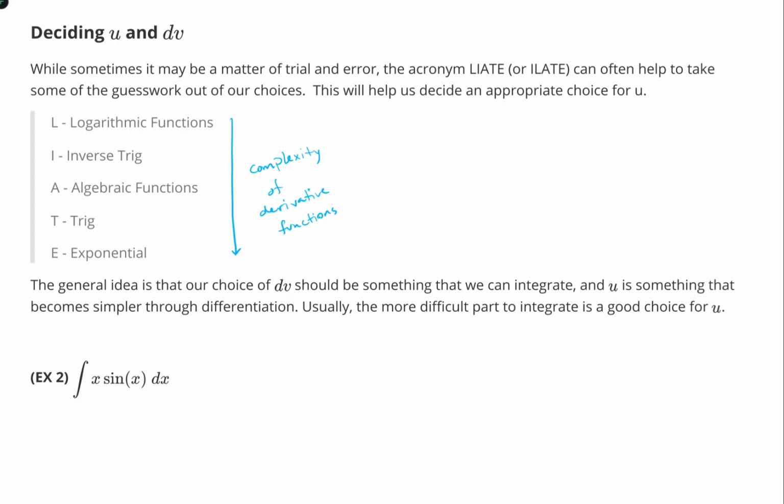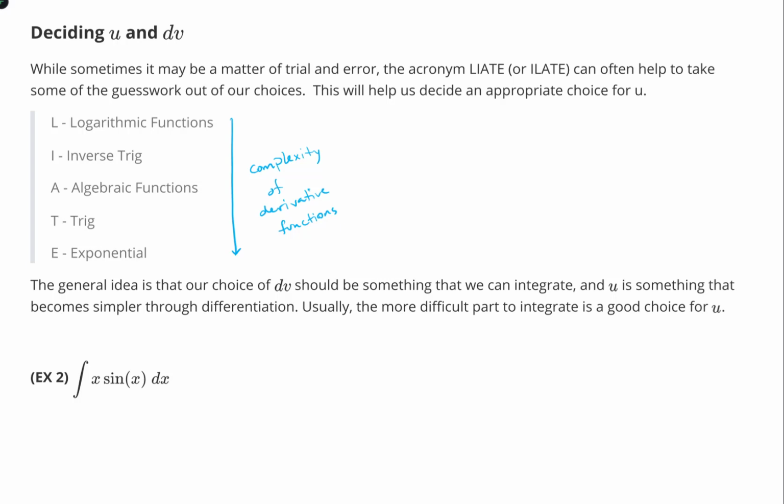Exponentials, when you take the derivative of exponentials, you're pretty much guaranteed that it's going to at least stay in the same complexity. Sometimes if you have to use a chain rule, that might end up invoking product rule next. So the derivatives can get more complex. So we want to pick something for u that's going to differentiate to something that's less complex.